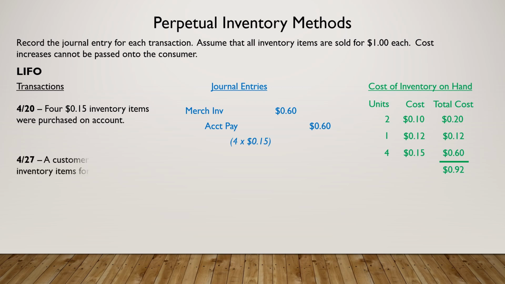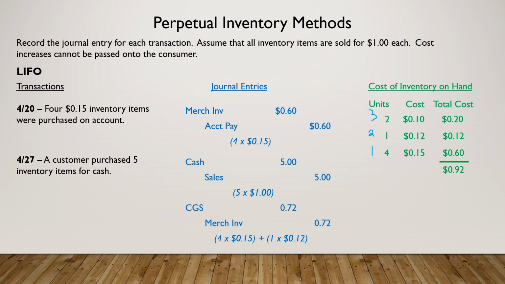On April 27th, the customer purchase of 5 units will affect a debit to cash and a credit to sales, as well as a debit to CGS and a credit to merchandise inventory. To get the latter entry's amount, we once again pull 5 units out of merchandise inventory, starting with the most recent layer first and working backwards. We'll need to take 4 units at 15 cents and 1 unit at 12 cents.